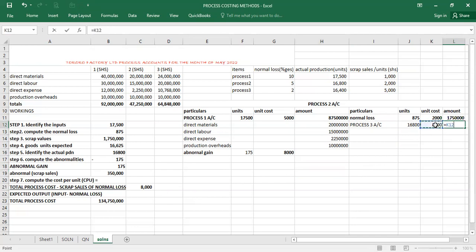It will be this multiplied by this. Then we can try to get the totals. We can get them from here. We set totals.